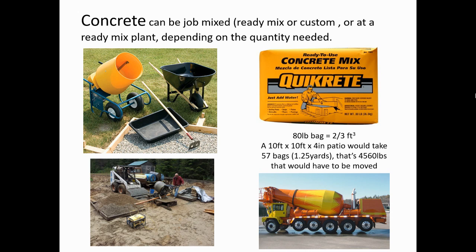And then you need to mix all that stuff up. So if we multiply 57 times 80, that's 4,560 pounds you move each time. So you're potentially moving that 3 times. That's a huge amount of work. So you might be better off getting the concrete delivered.